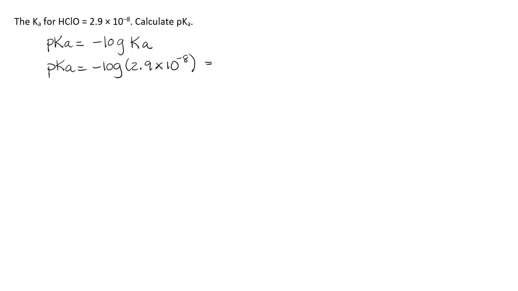Our calculation is a log, and so we have our 2 sig figs in the value, and we'll report 2 decimal places in the calculated result. So doing the math, negative log of 2.9 times 10 to the negative 8, rounded to 2 decimal places, gives us 7.54.